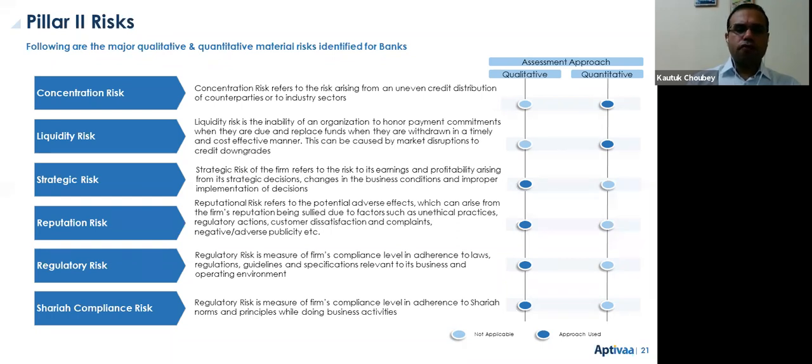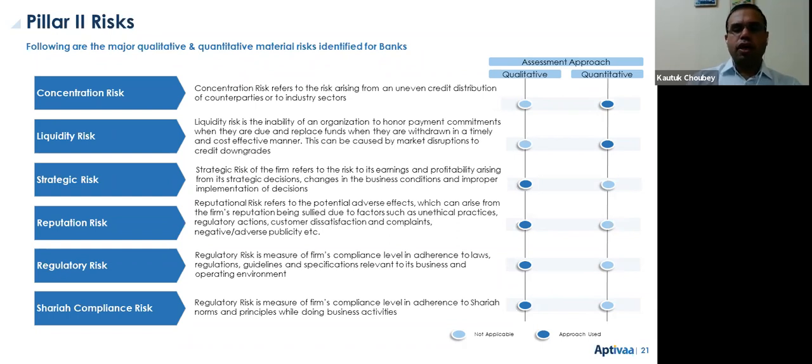One of the more common ways is a workshop based approach. The banks formulate a response sheet or a simple scorecard, through which the scoring or measurement of that particular risk is undertaken. So this is the whole gamut of Pillar 2 risk.